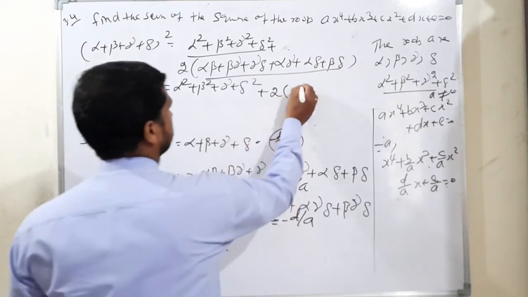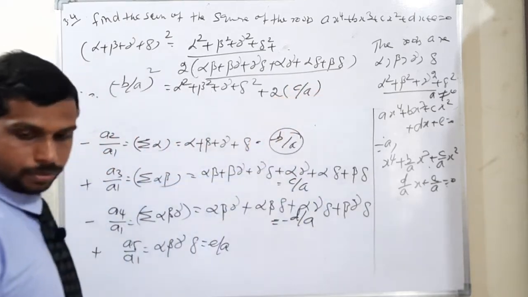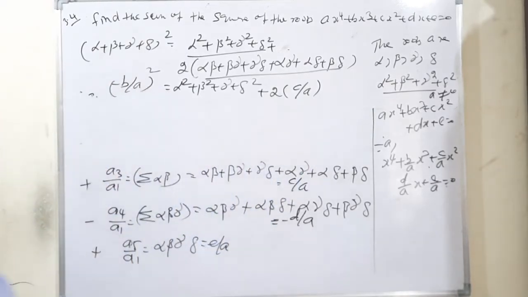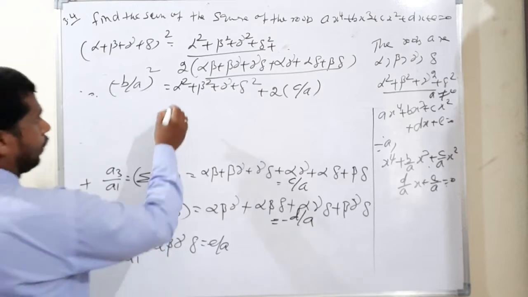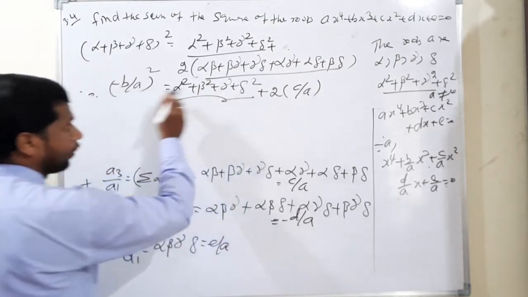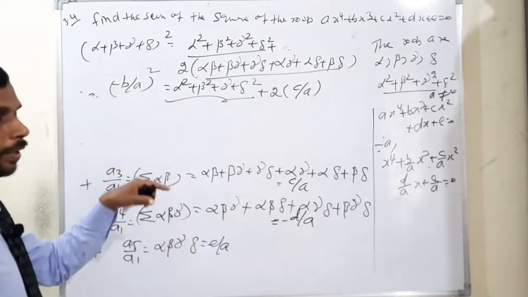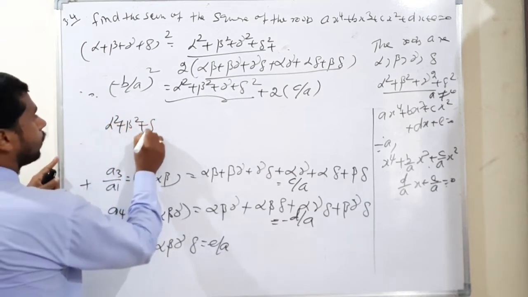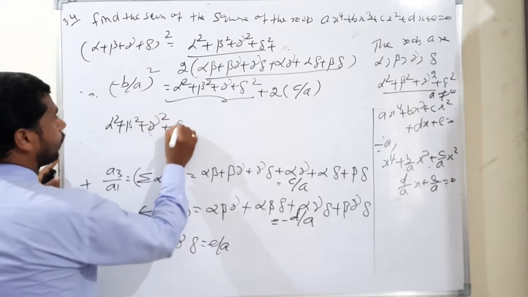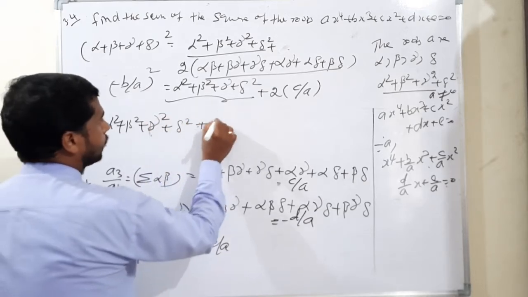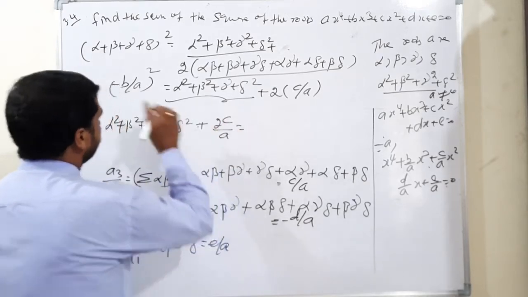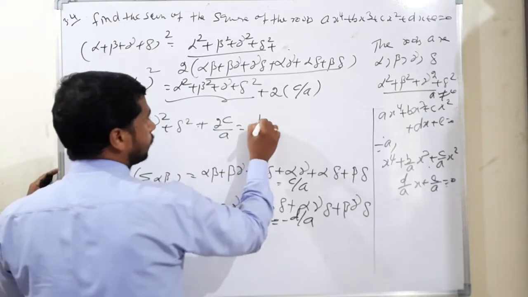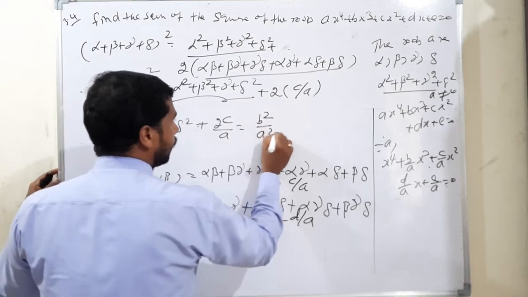Now we interchange the left hand side value to the right hand side. Alpha square plus beta square plus gamma square plus delta square plus 2c by a is equal to minus b by a the whole square, which means b square by a square.